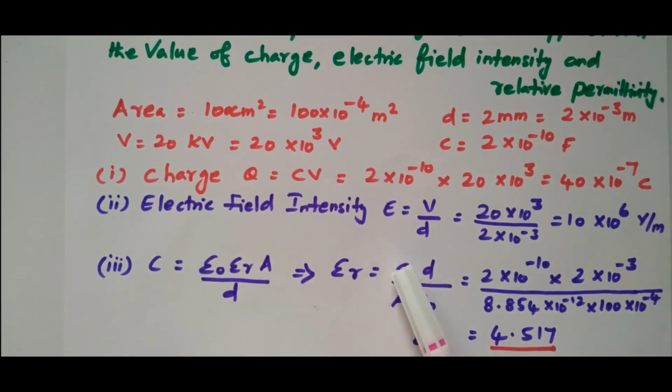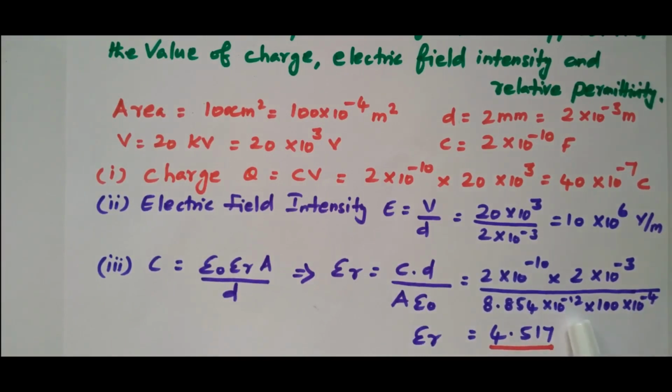Now substitute the C value. C is 2 into 10 to the power minus 10. The distance is 2 millimeter, 2 into 10 to the power minus 3. The area is 100 into 10 to the power minus 4 meter square. Then the epsilon naught value is 8.854 into 10 to the power minus 12. Now all the values are substituted.